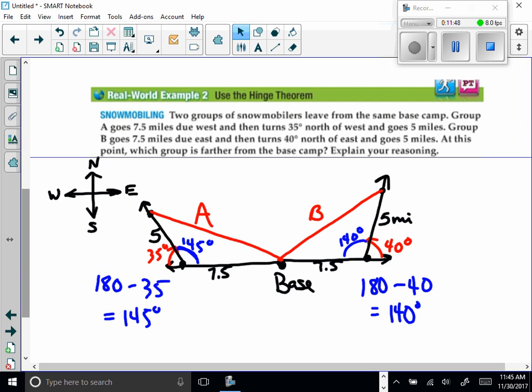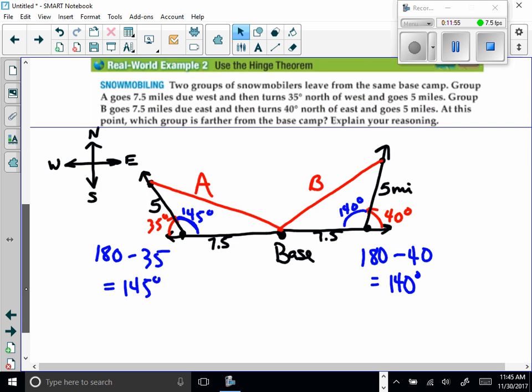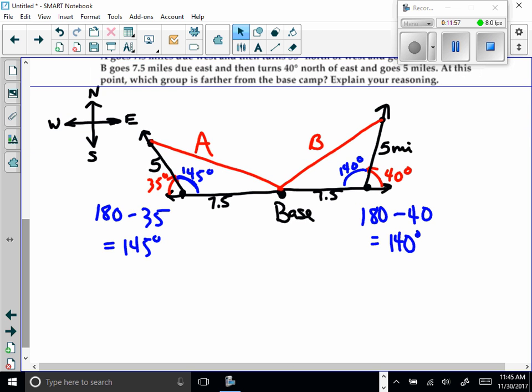So now I have an interior angle, and I can use that hinge theorem that says that the same relationship these angles have is the same their opposite sides will have. So I see that the measure of the angle that's 145 degrees is greater than the measure of 140 degrees.